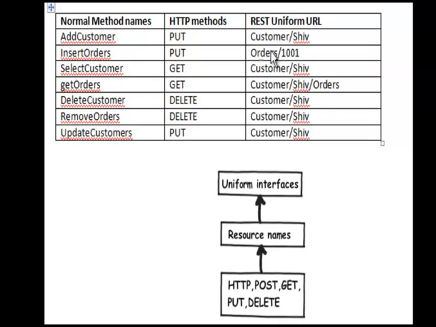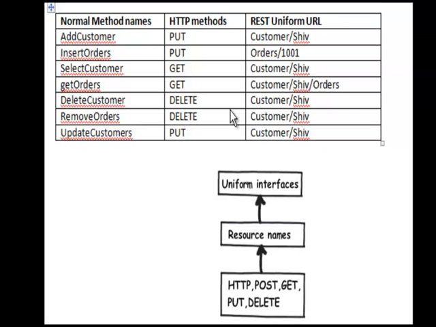What I've done is I have exposed a URL outside saying customer/Shiv, and if anybody calls a put on this URL, he'll actually add Shiv to the customers. In the same way, if I want to get some customer data, I can say customer/Shiv and do an HTTP get on that. So by combining the HTTP methods with the URL names, I can have more unified interfaces.